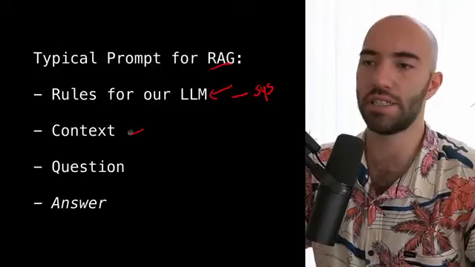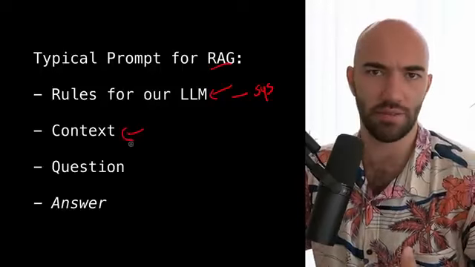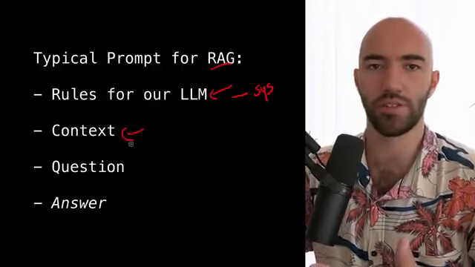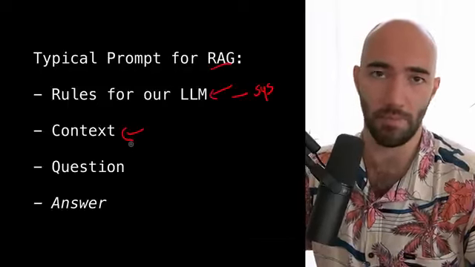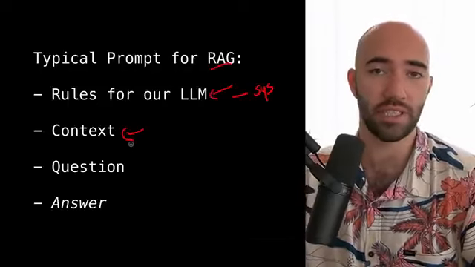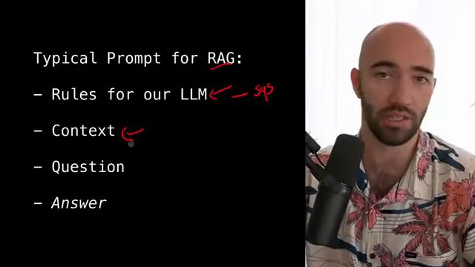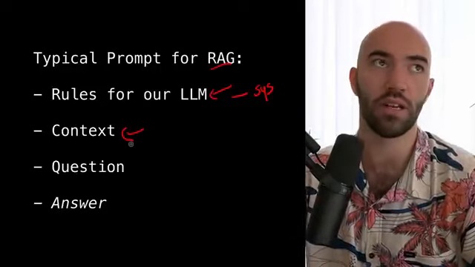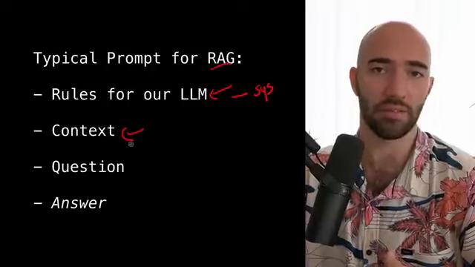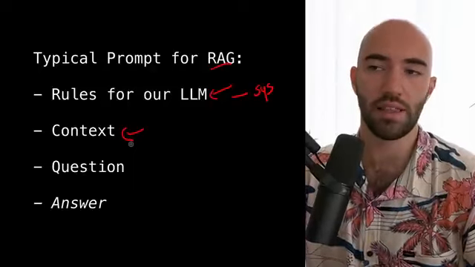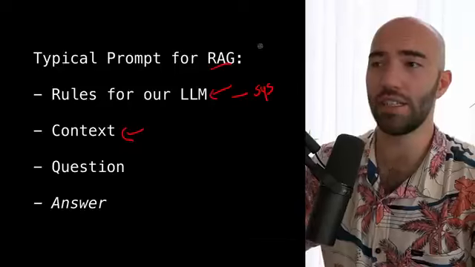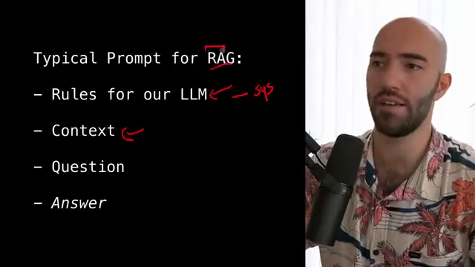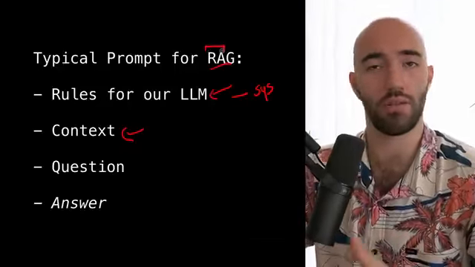Now, the second one is context, which is RAG specific. The context refers to some sort of external information that you are feeding into your LLM. We may have received this information from a web search, a database query, or quite often in the case of RAG, a vector database. This external information that we provide is essentially the RA, retrieval augmentation, of RAG.